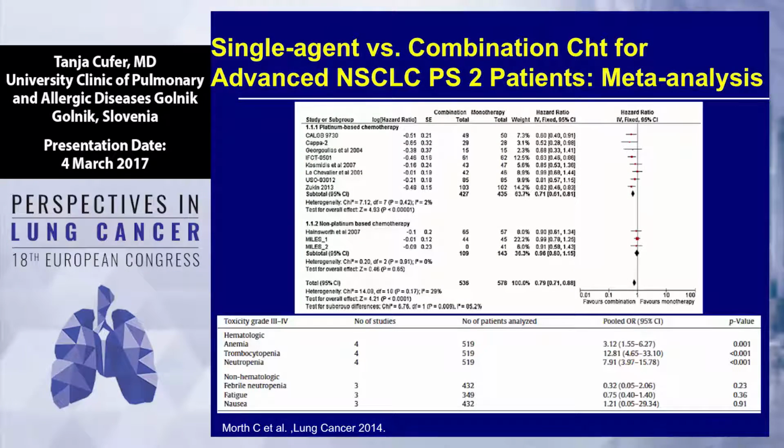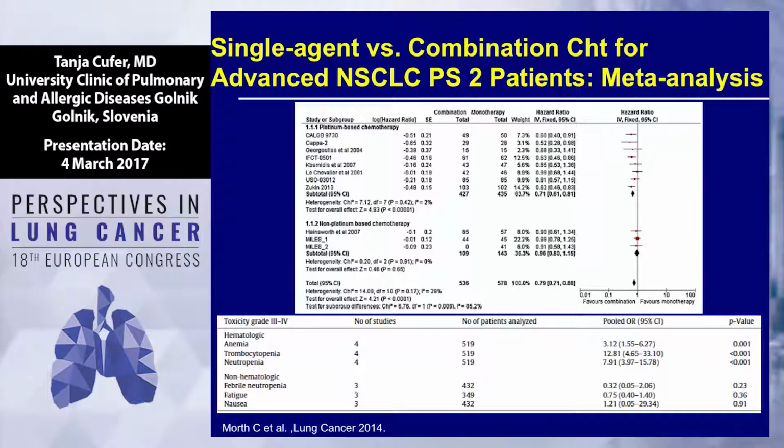After that, some individual trials have been performed in patients with performance status 2, comparing single-agent chemotherapy versus combined chemotherapy. In the meta-analysis of these trials, platinum-based doublets and non-platinum-based doublets, namely in the MILE study, have been included.